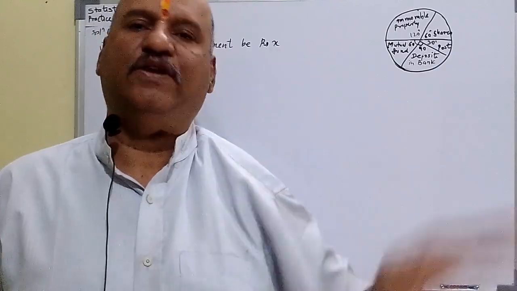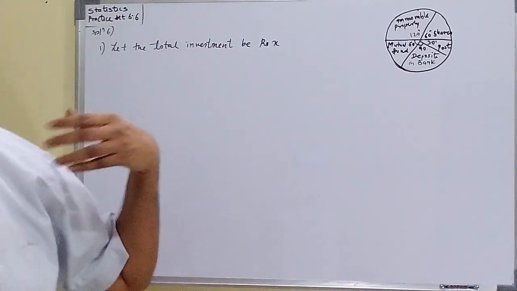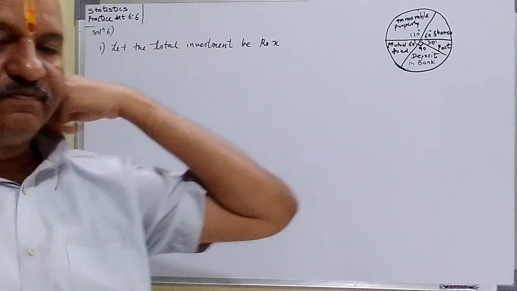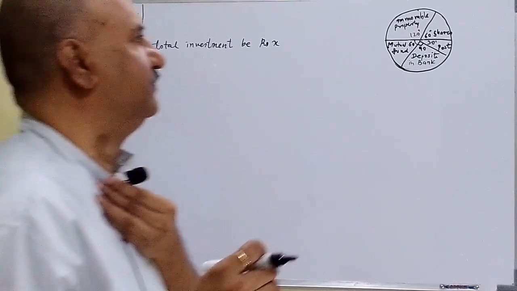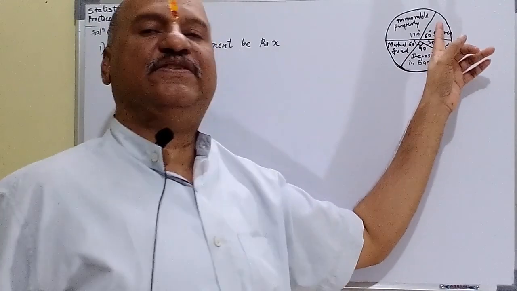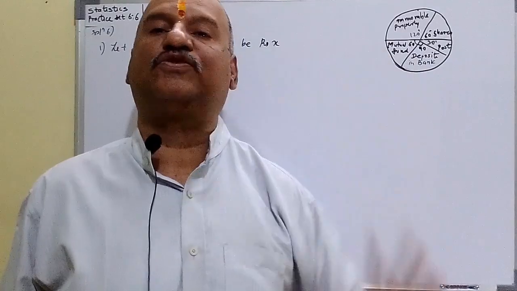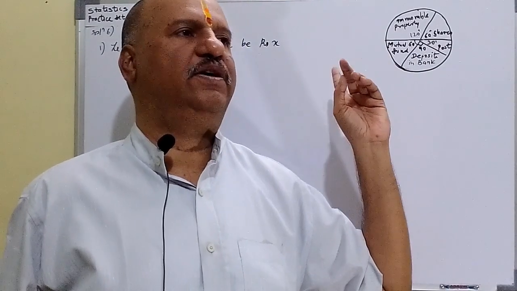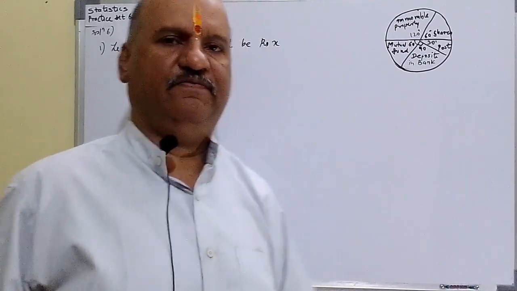So since we have to find a total investment, we assume that total investment is X. Then we proceed further. They have given us 2000 rupees invested in shares. Since 2000 rupees is invested in shares, what will be the total investment? We know the investment in shares, we know the central angle, so find the total investment.